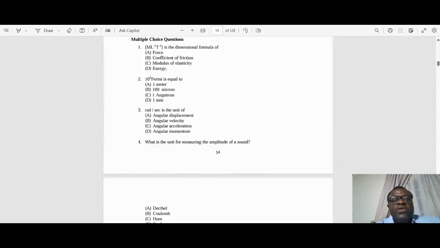The newton is force, and the dimension of force is M L T raised to power minus 2. Then what we are left with now is meters square, which is L square. So if you evaluate it now, you have M L raised to power minus 1 T raised to power 2. And the answer is C.